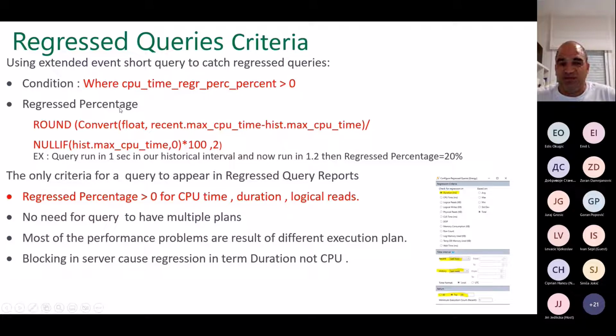The regress percentage is calculated as follows: max CPU time minus last max CPU time, divided by last max CPU time, in percent. This is the only criteria for the query to appear in the regressed query report. So this is how you calculate the regress criteria.